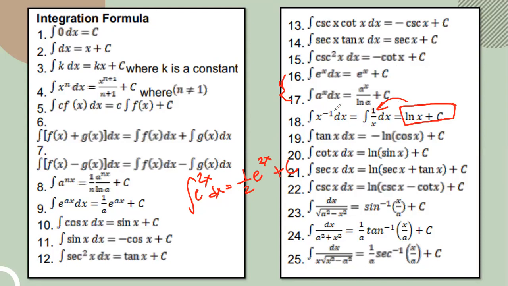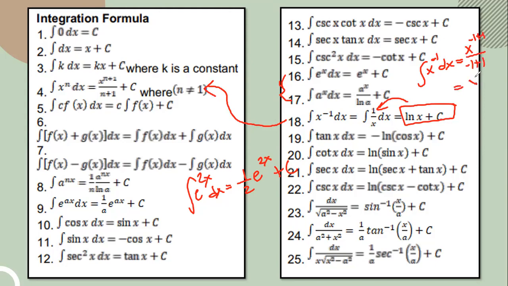So baka may magtanong, x raised to negative 1, paano sir, pwede ko ba i-apply itong number 4? Okay, so tingnan natin, apply natin yung number 4. So integral of x raised to negative 1 dx will be equal to x raised to negative 1 plus 1 over negative 1 plus 1.